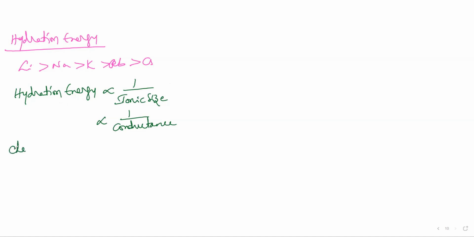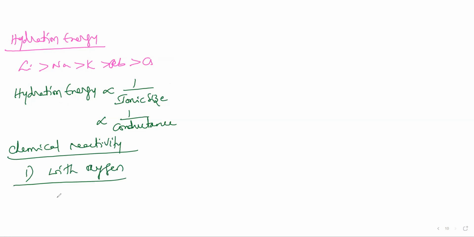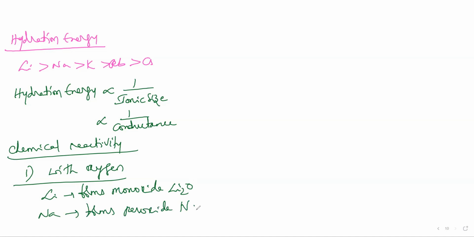Next, chemical reactivity of alkali metals. The first one, with oxygen. Lithium forms monoxide. That means Li2O. Sodium is more favorable towards peroxide. That means Na2O2.